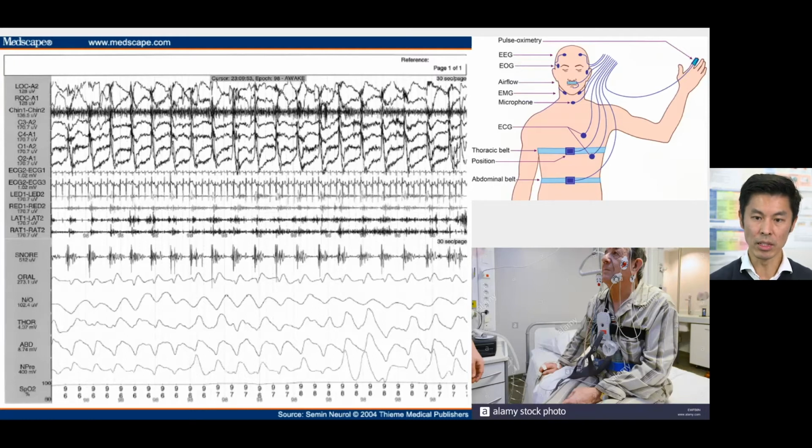This includes the EEG leads, the EOG leads, which allow us to better record and identify slow wave sleep, REM and non-REM sleep, and also the airflow, the chin EMG, the microphone for snoring, the positional belt that usually helps us to identify the sleep position, and also the thoracic and abdominal wall movement, and ECG and a pulse oximetry.